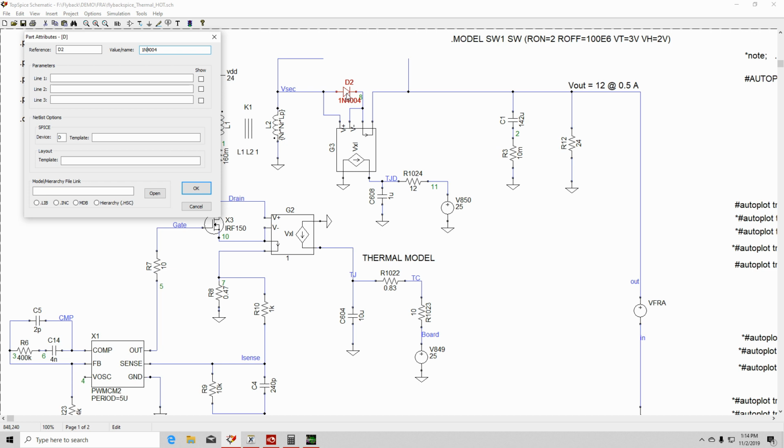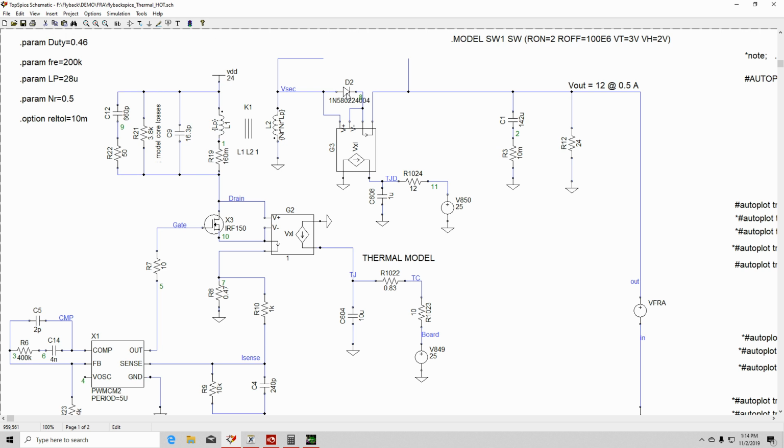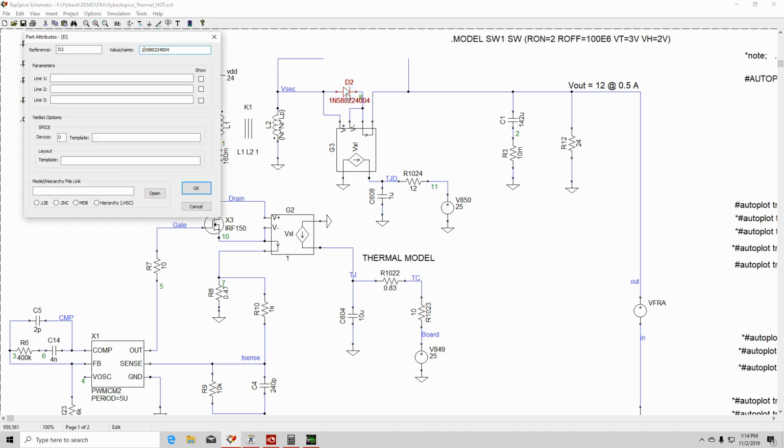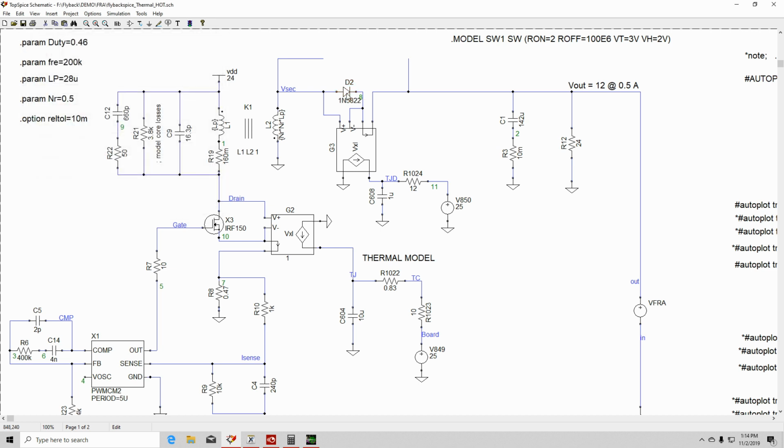Let's use a 1N5822. Okay, 5822, and this is fast, and at the same time, this is the model that I use to monitor the power that would be dissipated in the IRF150.